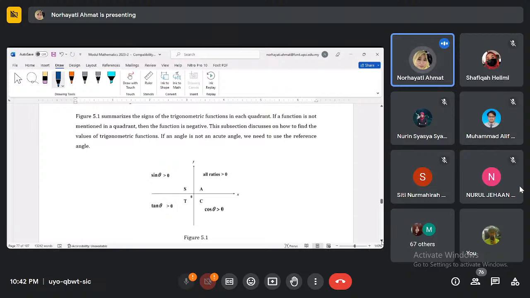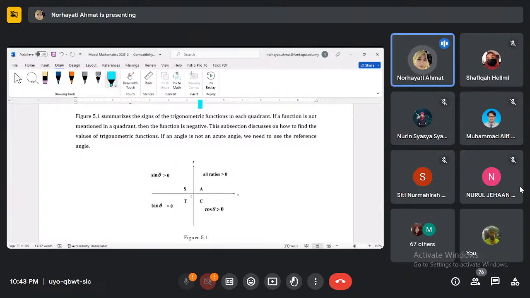If a function is not mentioned in a quadrant, then the function is negative. So this subsection discusses how to find the values of trigonometric function. If an angle is not an acute angle, we need to use the reference angle.